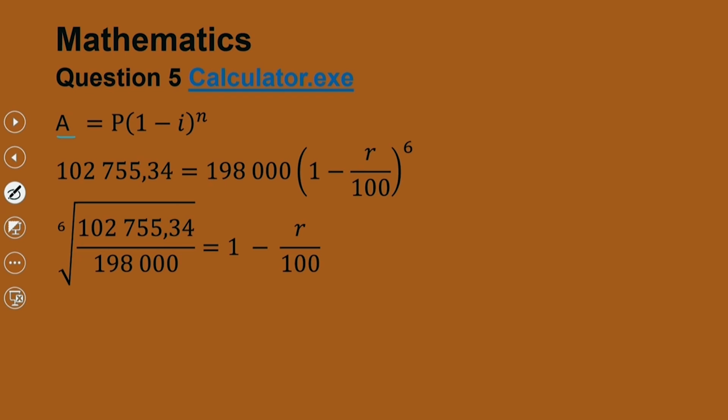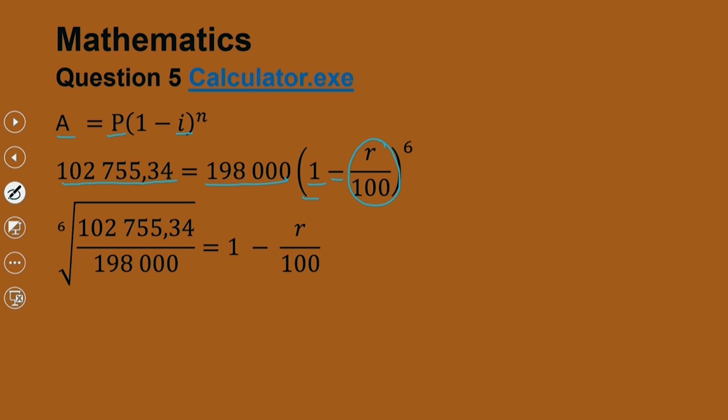Yes, which is equal to 102,755.34. Do we have the value for P? Yes, which is 198,000. Then we open the bracket, 1 minus, what is the value for I? We don't know I, we know that it is R over 100.